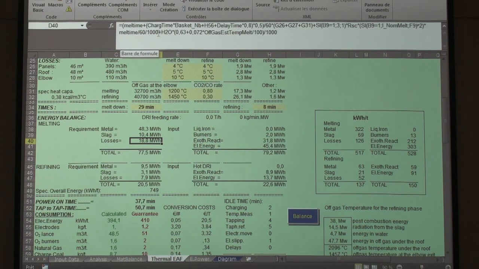Then I have the water, which is treated a little bit in a special way here, because I consider that I have to evaporate the water and dissociate a little bit. So I have the evaporation energy here, and then to bring the steam from 100 degrees to the off-gas temperature.